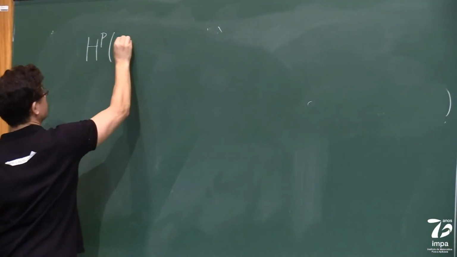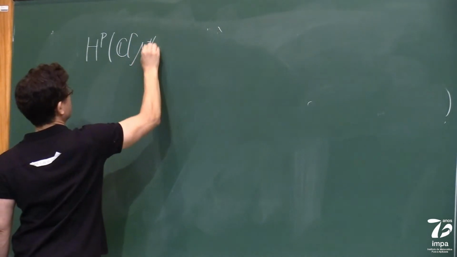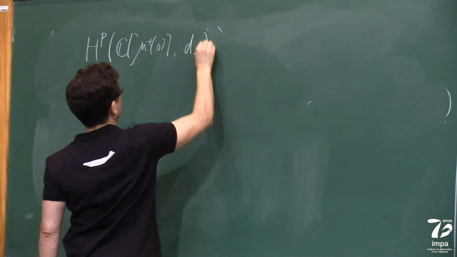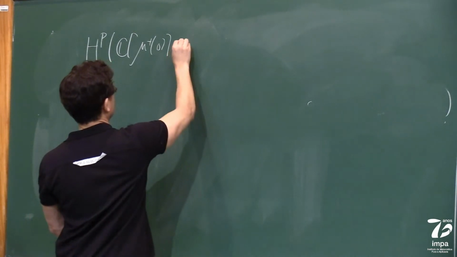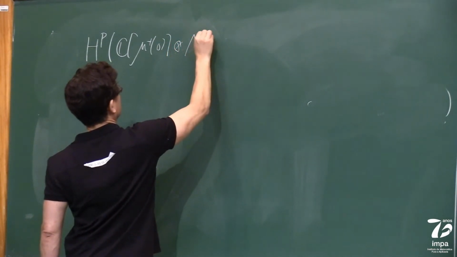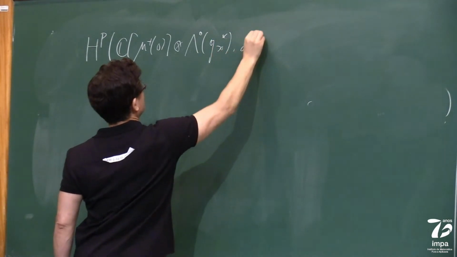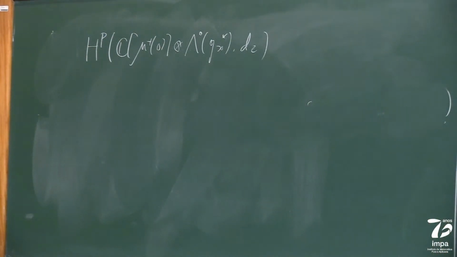So now we get just C of function on the, sorry, I need Grassmann algebra. Did I forget to put star here.